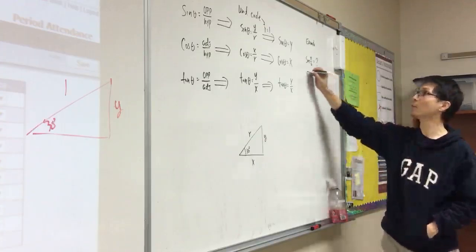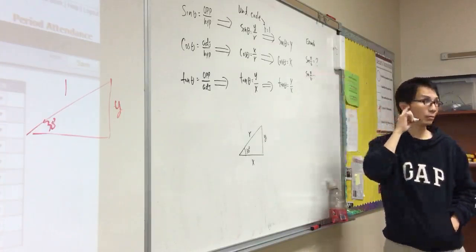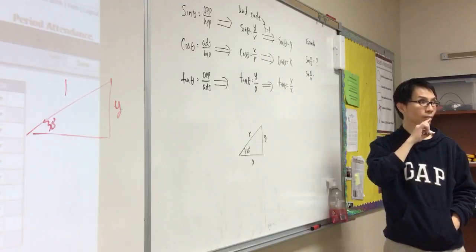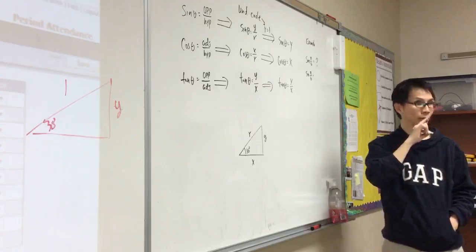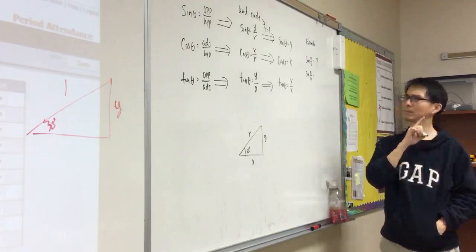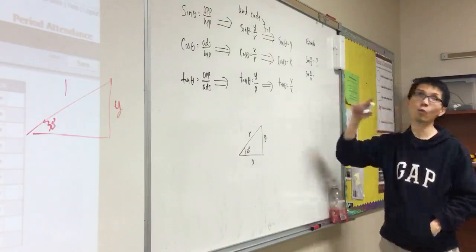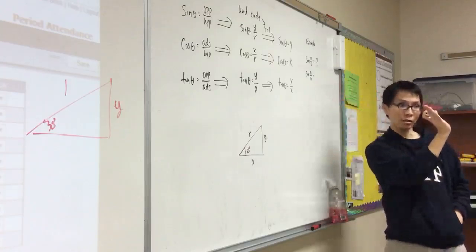Then you just say, okay, sine of pi over 6. The y value is going to be what? 1 over 2. What is sine of pi over 6? That means what's the y value at location pi over 6?